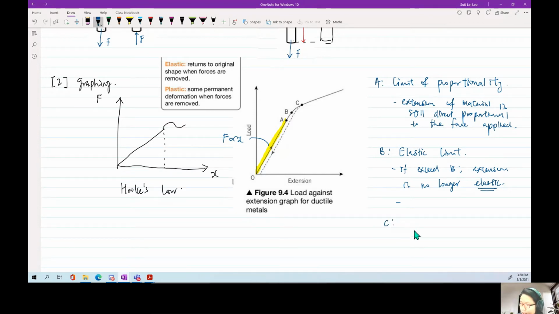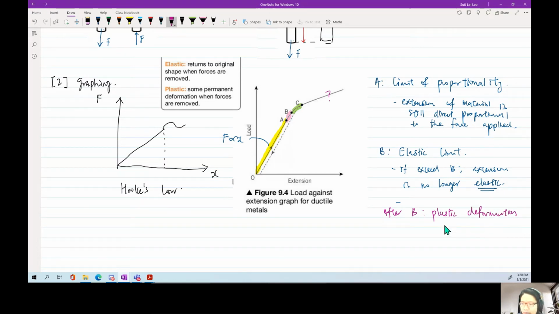C is normally where, so here to here, is no longer proportional, but can still return to original length. If B to C, you get plastic deformation already. And then here is basically nobody knows what's going on. So basically no need to worry about point C. You can say after B, plastic deformation happens.